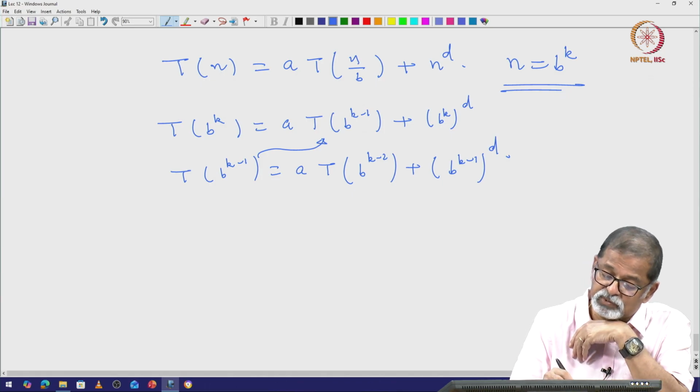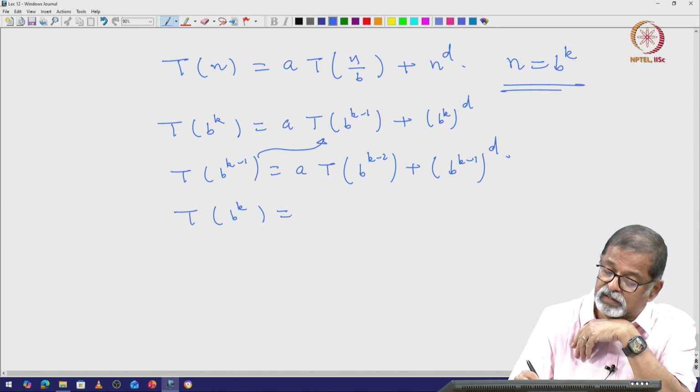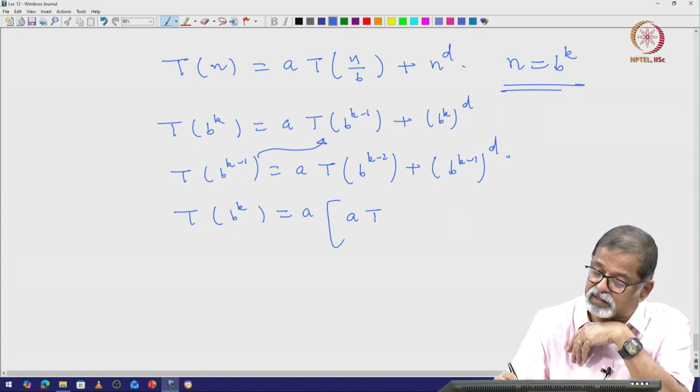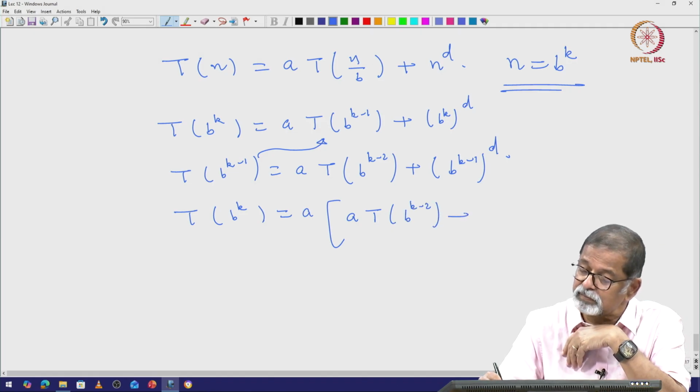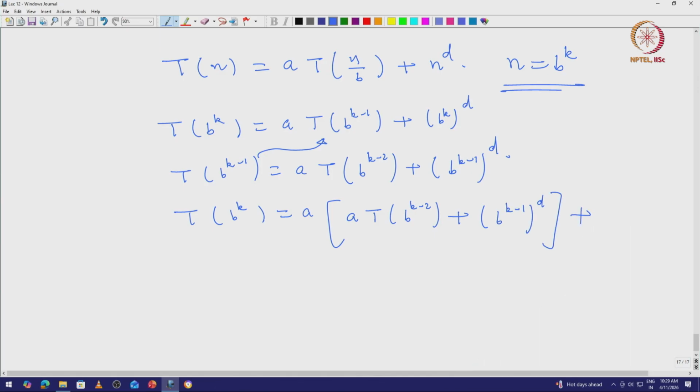So, when I plug in this value I get T of b power k is A times A times T of b power k minus 2 plus b power k minus 1 power d and the other term b power k whole power d.